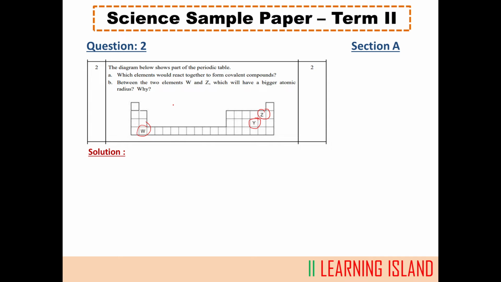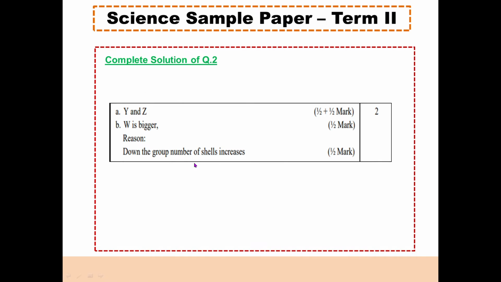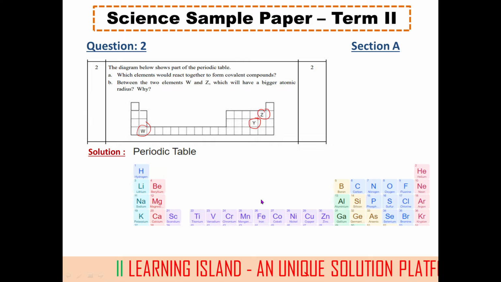Then we will be able to answer these questions. Between W and Z, which one has the bigger atomic size? So let us do this with the periodic table. If you compare these tables, I am giving you one clue on how to remember the first 20 elements.